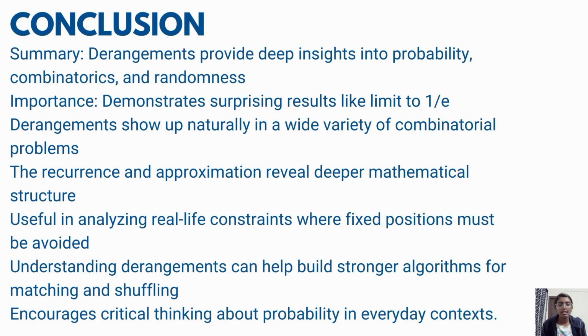The recurrence and approximation reveal deeper mathematical structure, useful in analyzing real life constraints where fixed positions must be avoided. Understanding derangements can help build stronger algorithms for matching and shuffling. It encourages critical thinking about probability in everyday contexts.